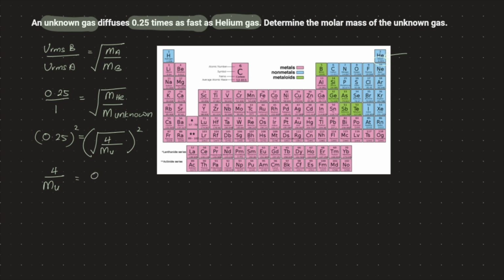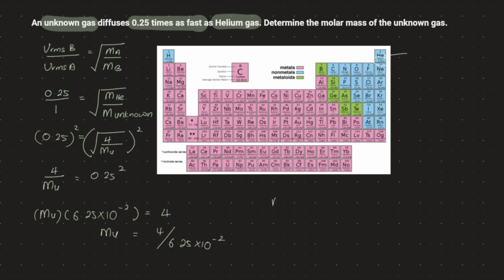is equivalent to 0.25 squared. Hence, the molecular weight of the unknown times 6.25 times 10 to the power of negative 2 is equivalent to 4. So your molecular weight for the unknown is 4 divided by 6.25 times 10 to the power of negative 2.